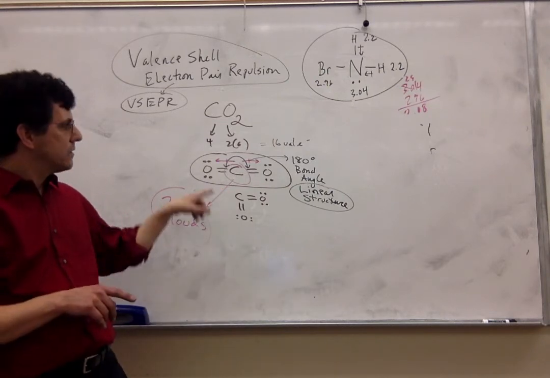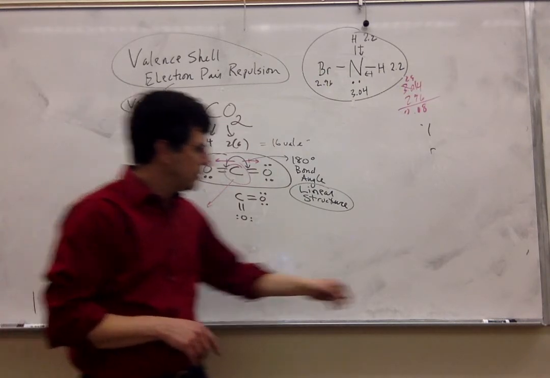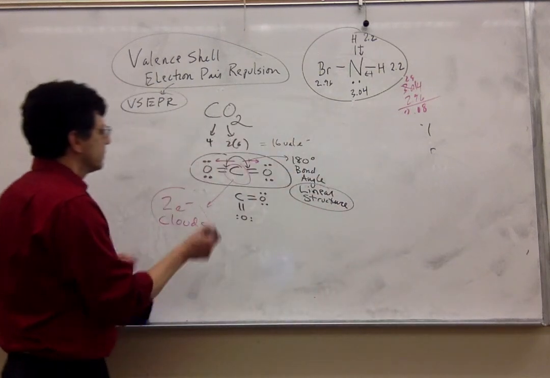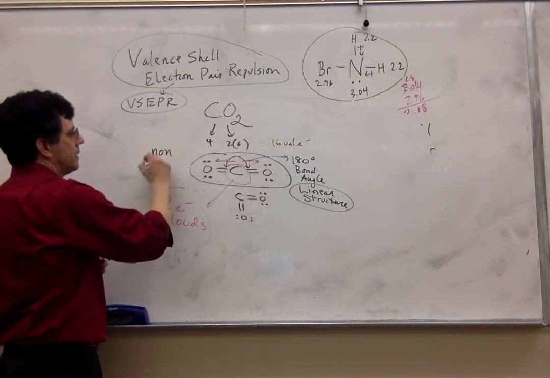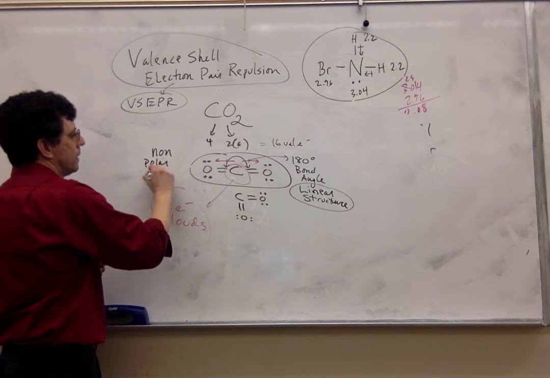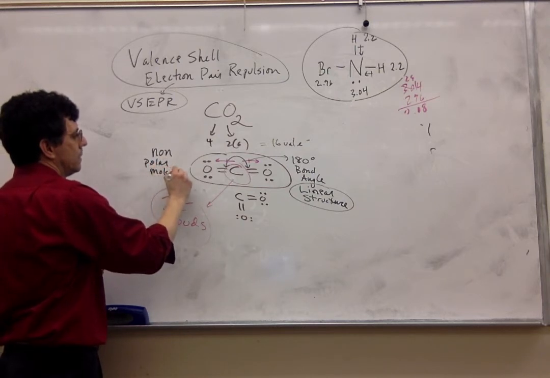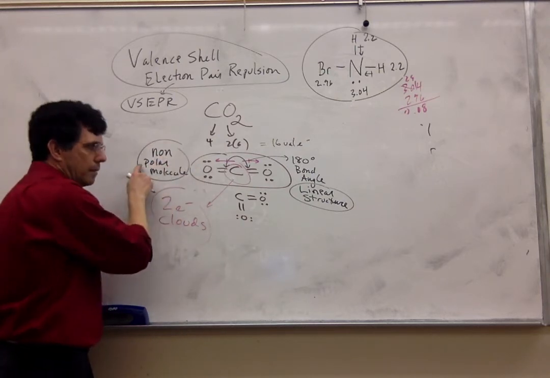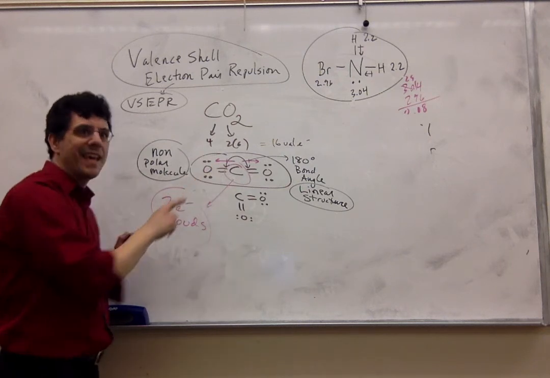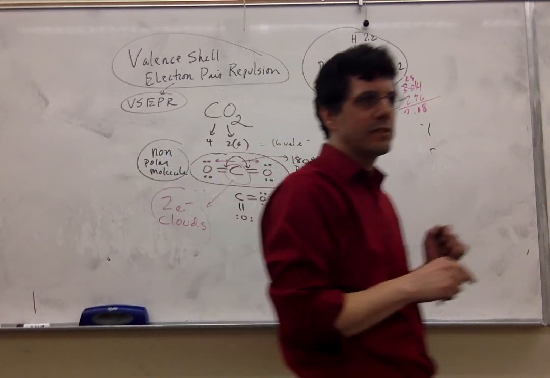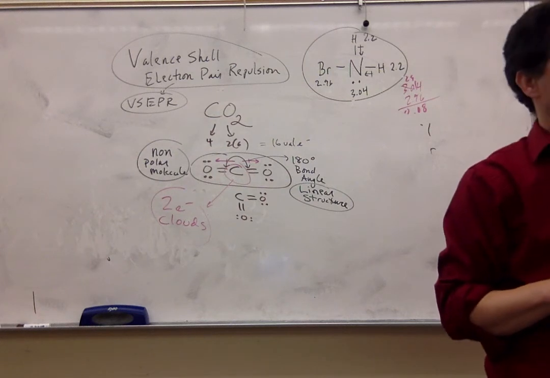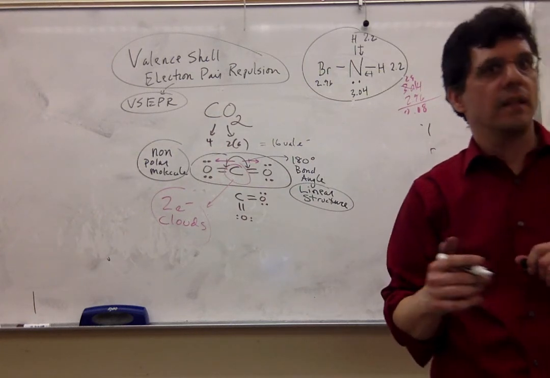And so that leads us to seeing that CO2 is a non-polar molecule. Non-polar molecule now, which contains polar bonds. And that's where we can start to get a little bit confused.